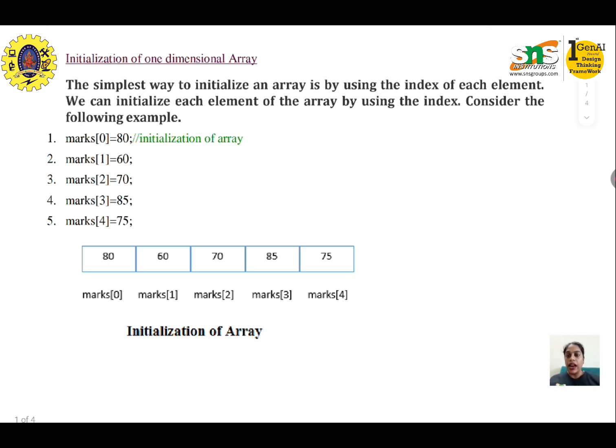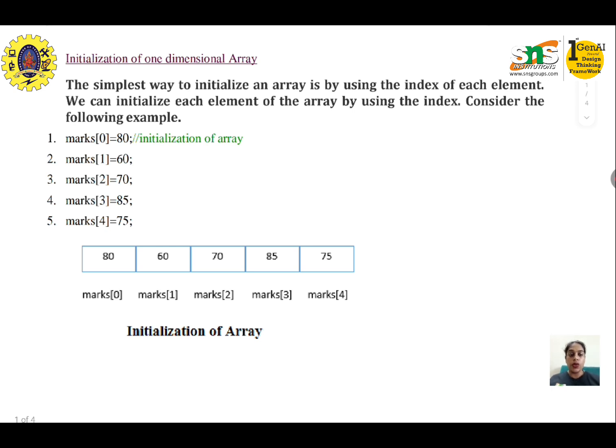Here we can see that for initialization, mark is the name of the array. In the array mark at index 0, we are going to save the mark 80. It is initialized so that in the 0th position mark 80 is saved. In mark 1, the next position, 60 is saved, in mark 2, 70 is saved, in mark 3, 85 is saved, and in mark 4, 75 is saved, because we have given the array size as 5.